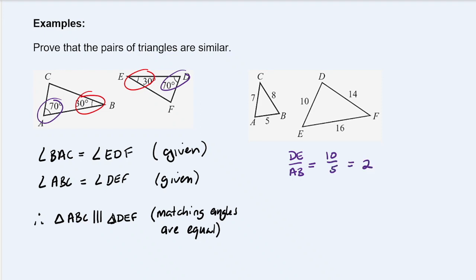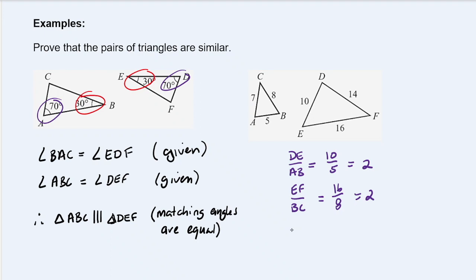And then we're going to look at, let's say, EF, and it matches up pretty nicely with BC. And that's going to be 16/8. And lo and behold, that is also 2.